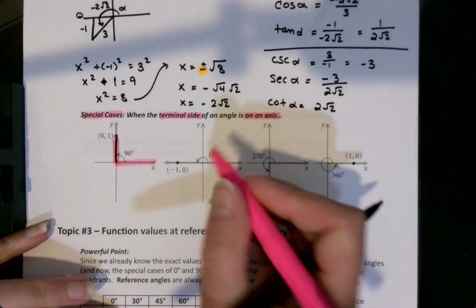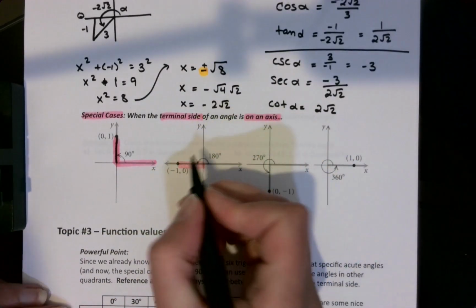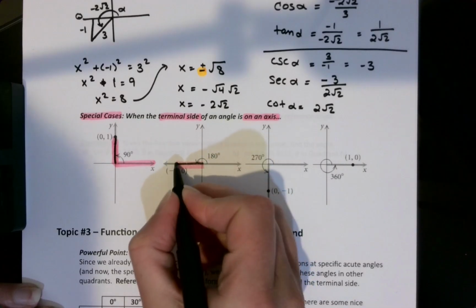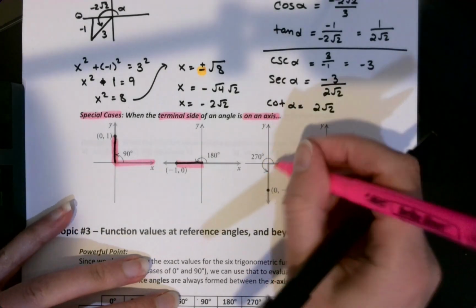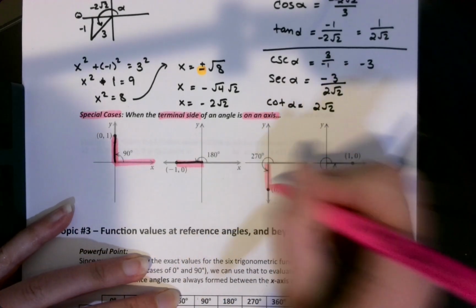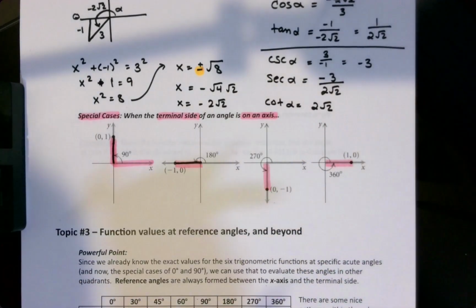I can also have a triangle on the negative x-axis. Again, that is the entirety of the triangle. When you draw it to the x-axis, it's got 0 for its height, negative 1 for its x-coordinate. Your triangle can collapse back down onto the negative y-axis, or it can collapse back down the positive x-axis.